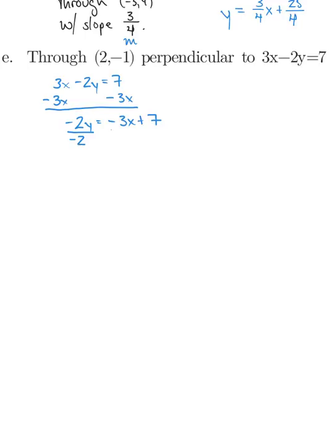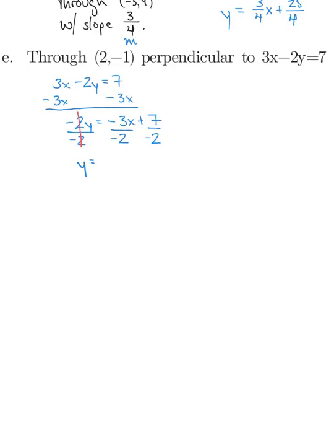My last step is I want to divide. To get y by itself, I need to get rid of the negative 2. Since it's being multiplied to the y, I want to divide by it, and I want to divide every single term by negative 2. So on the left, our negative 2's cancel, leaving me with just y.